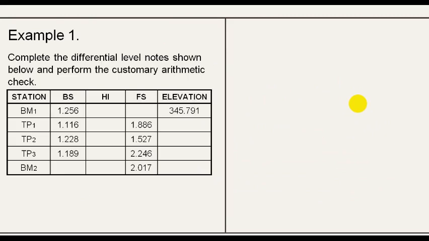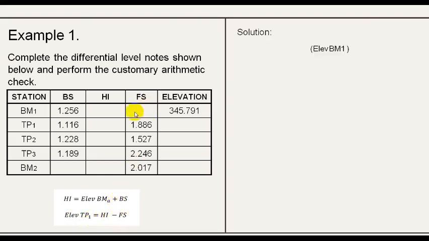So, sample computation. Example, complete the differential level note shown below and perform the customary arithmetic check. So, natay given nga table sa atong na-gather during sa fieldwork, mao ni nga data. So, natay formula nga HI is equals to elevation of benchmark plus backside. Also, elevation of turning points is equals to HI minus foresight.